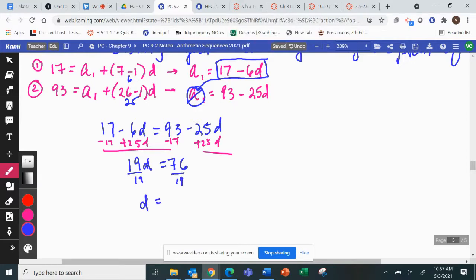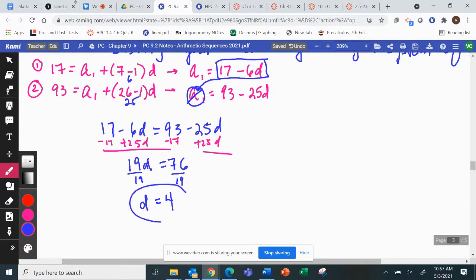Does that go evenly? So I solve for d, and I have my common difference.